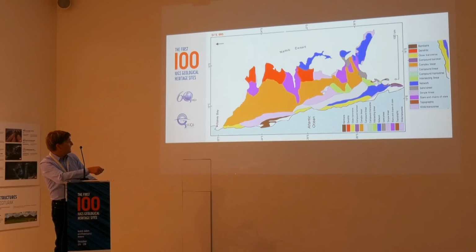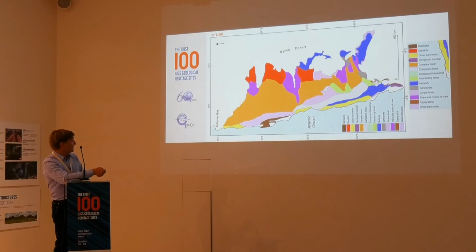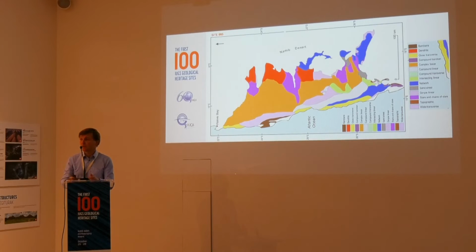Most of the Namib Sand Sea is actually taken by complex linear dunes, which are just very long, extended ridges, continuing for tens, even more than 100 kilometers, just one ridge. But the Namib Sand Sea is also very famous for the red guys, these purple ones, which are the star dunes, which are known to be the highest dunes you can have on Earth.